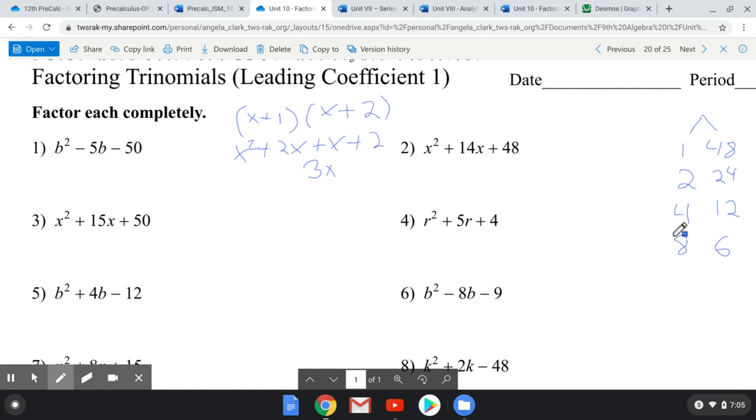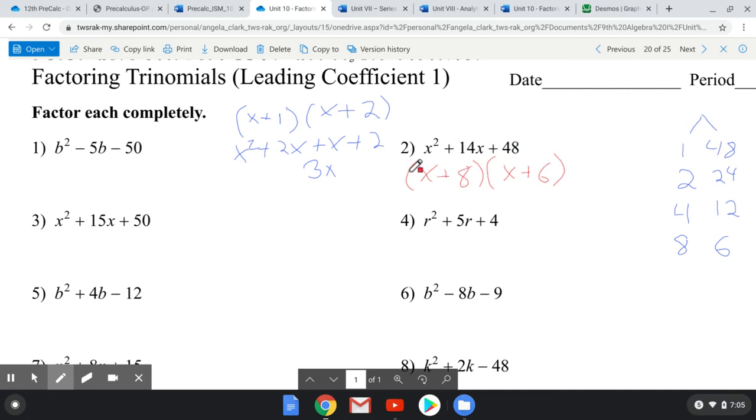So our answer here, I'm going to change colors real quick. Our answer here is x plus 8 and x plus 6. So if I multiplied this back out, I would be back here.